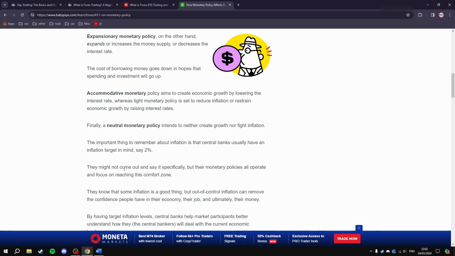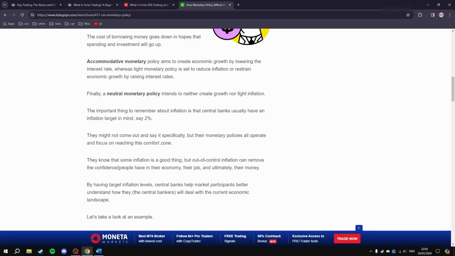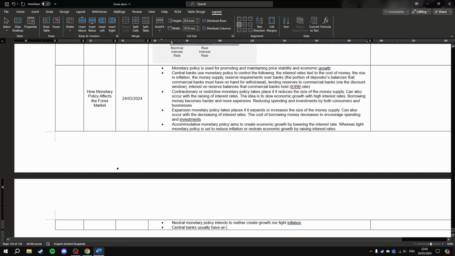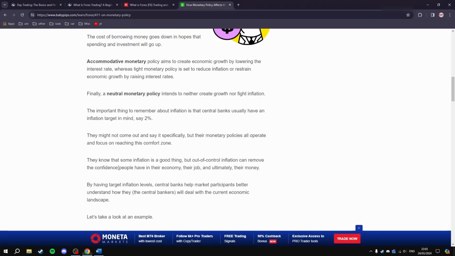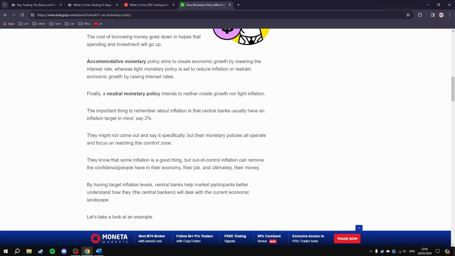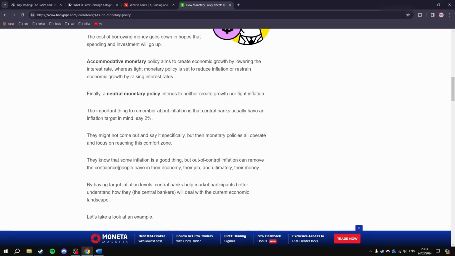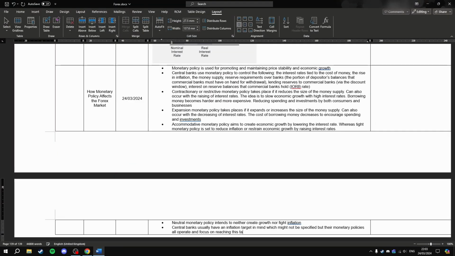They might not come out and say it specifically, but their monetary policies all operate and focus on reaching this comfort zone.